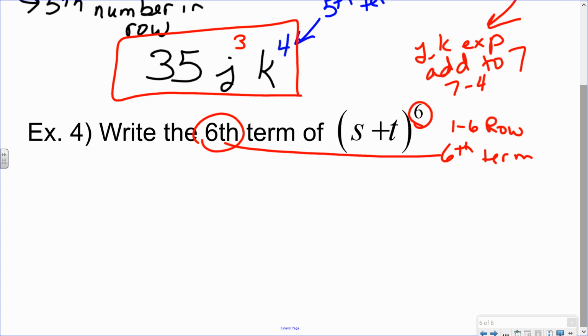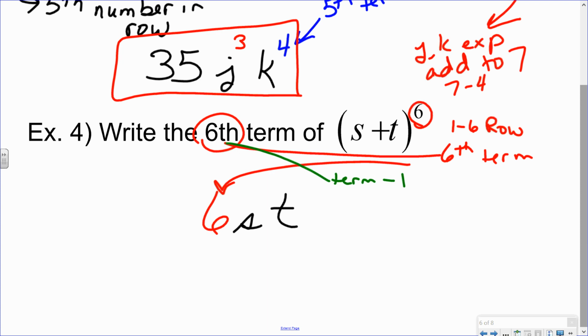Sydney, what's the 6th number in that 1, 6 row? So that's our coefficient. This has to have S's and T's in it. Ariel, am I going to get the T exponent or the S exponent first? And how do I get the T exponent? I'm going to take this term minus 1, so 6 minus 1, that needs to be a 5.